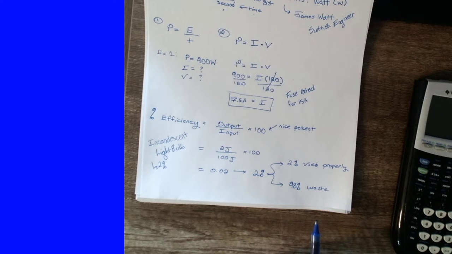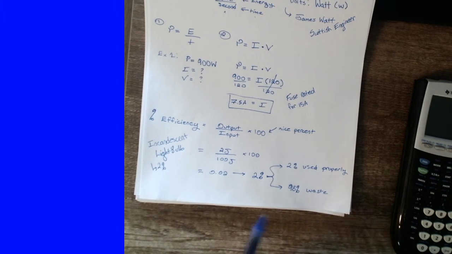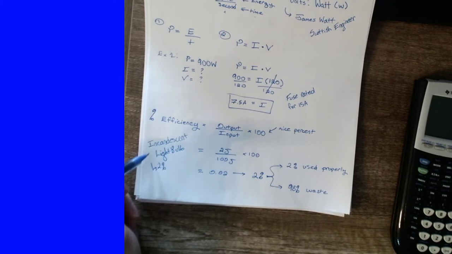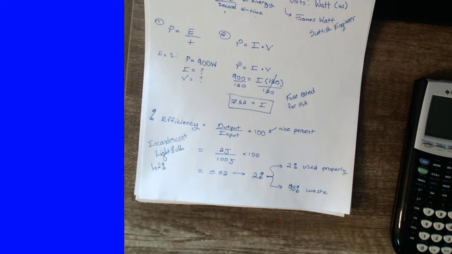For efficiency, it's often that the wasted energy is heat. So that would be an incandescent light bulb.